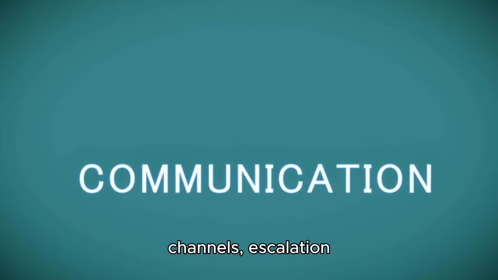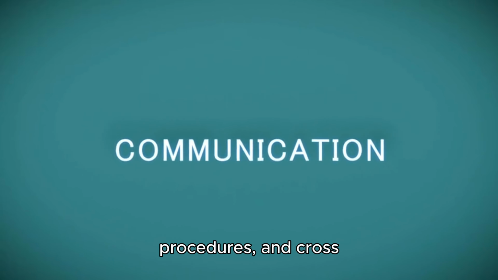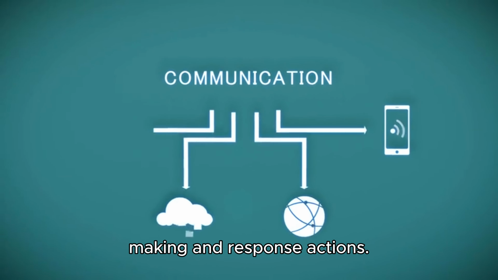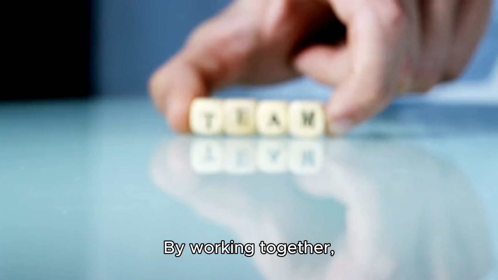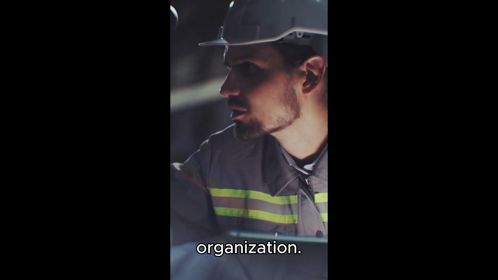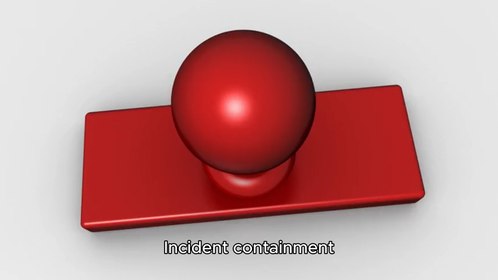Clear communication channels, escalation procedures, and cross-functional collaboration facilitate timely decision-making and response actions. By working together, vulnerability response and incident response teams can minimize the impact of security incidents, reduce downtime, and mitigate potential damage to the organization.